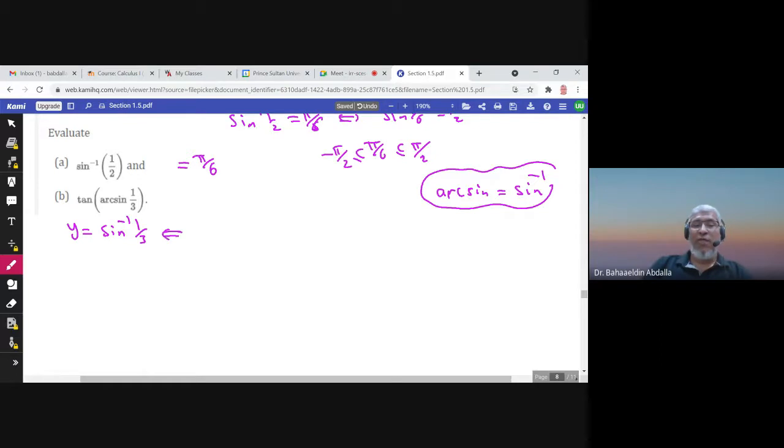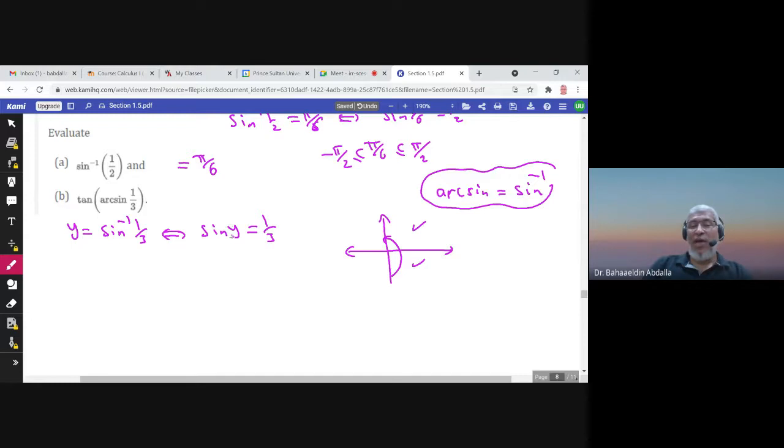Now this is if and only if sine y is 1 over 3. This is the definition. y is sine inverse 1 over 3 if sine y is 1 over 3. Good. Now what do we know about y? It is in the domain of sine, and we said that the domain of sine is from here to here.